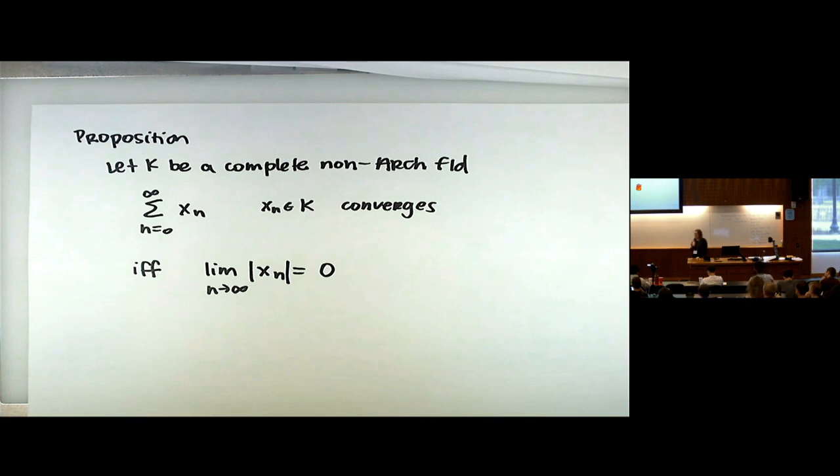Yeah, I feel like norms are more for vector spaces, and then you would use the absolute value on your field to talk about that. But at the same time, if you're thinking of the field as a vector space of dimension 1 over itself, then probably the norm and the absolute value are exactly the same thing. So it's not wrong to think of them as the same. They're the same idea.